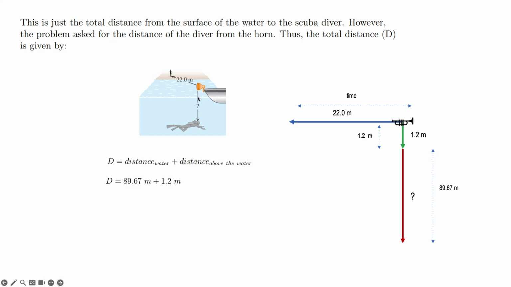So simply that is basic arithmetic. That's 89.67 meters, from the top surface of the water up until the scuba diver, and 1.2 meters from the horn to the top of the surface of the water. When you add those, you get a total distance of 90.87 meters. And that is how you solve this problem.